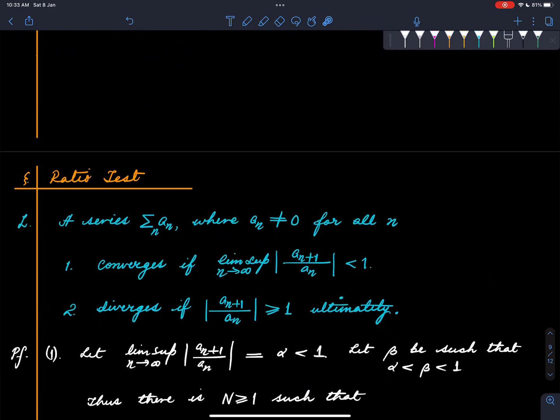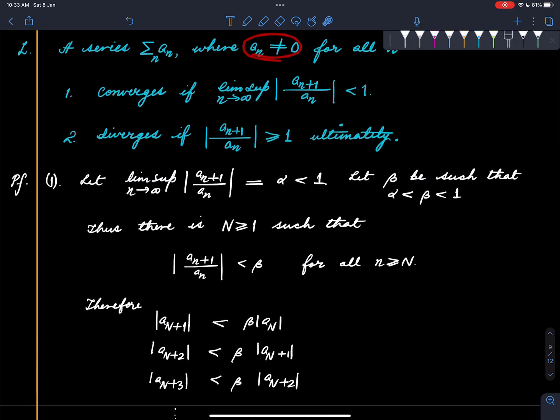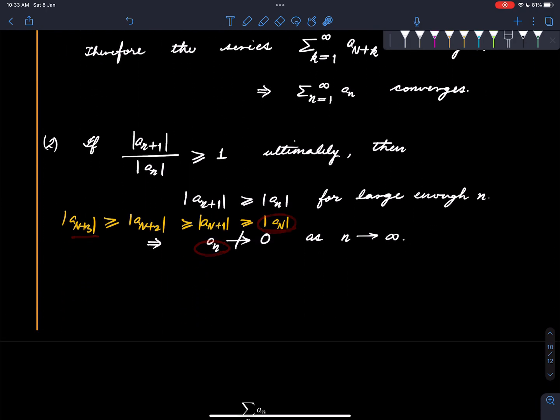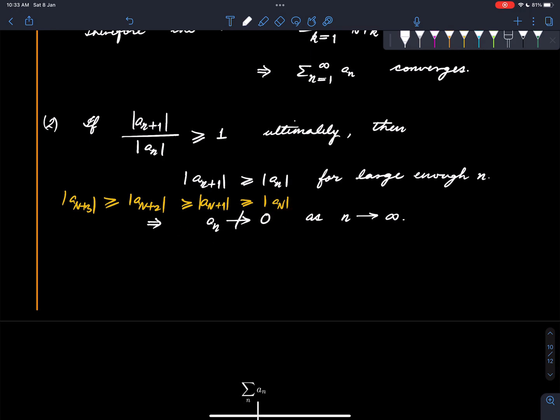We have already assumed that these terms are non-zero, otherwise these quantities don't make any sense. So that's the reason why this does not converge to 0, and therefore the series diverges. That's it.